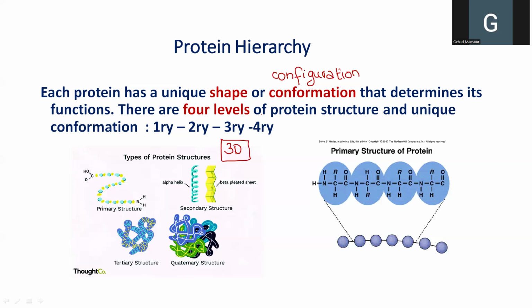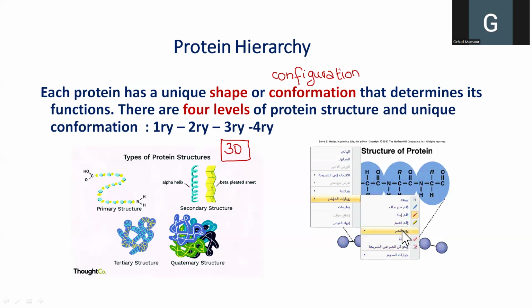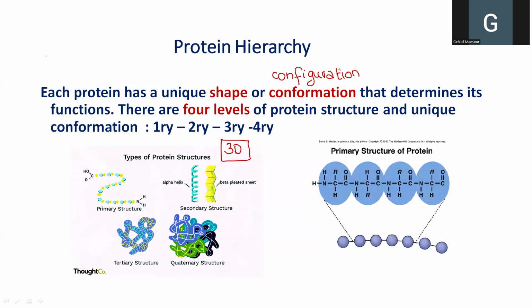Because protein molecules are made of amino acids, and these amino acids can be arranged in a different number of amino acids in the same chain and in a different arrangement, we call this a linear polypeptide sequence.